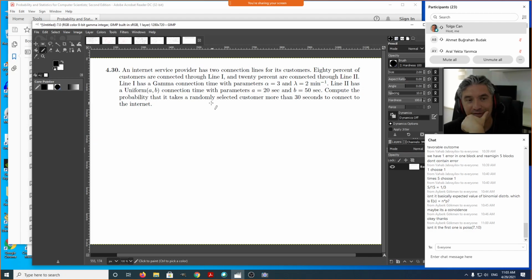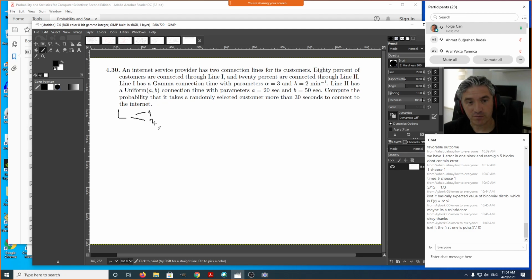Now, we have an internet service provider with 2 connection lines for its customers. 80% of customers are connected through line 1, and 20% are connected through line 2. So 0.8. Let's call L the variable that shows which line you're in, which can get 2 values, 1 or 2.